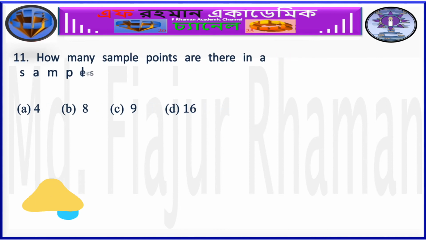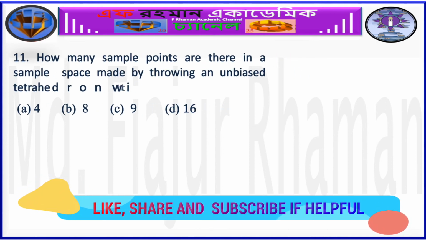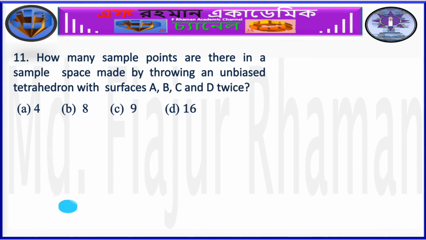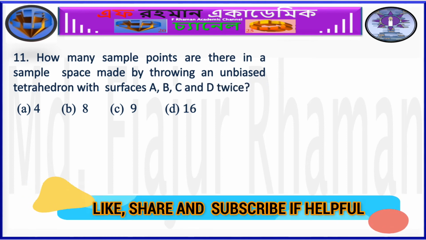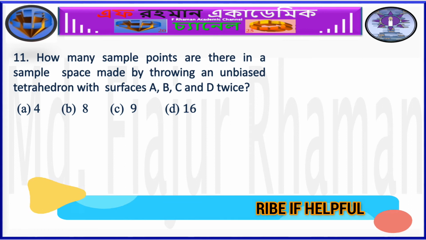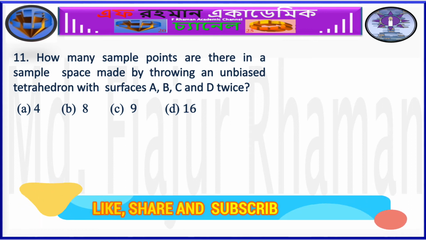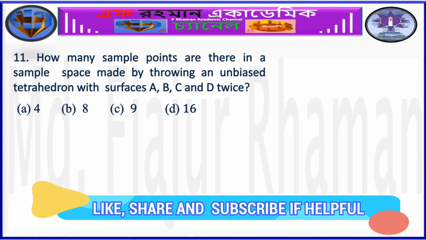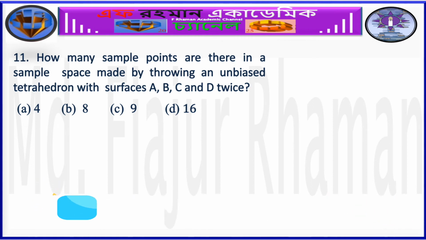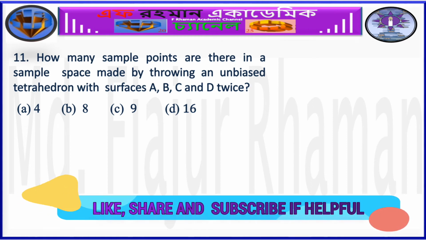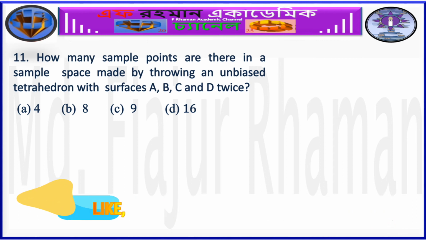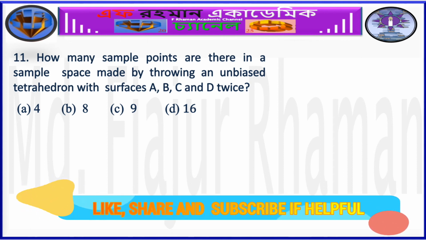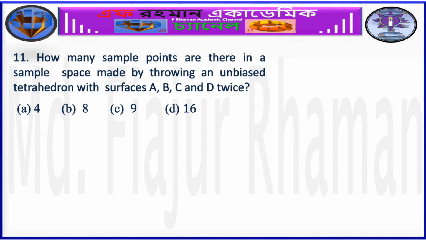MCQ 11. How many sample points are there in a sample space made by throwing an unbiased tetrahedron with surfaces A, B, C, and D twice? The number of sample points is an exponential number whose base is the number of surfaces and whose exponent is the number of throwings.